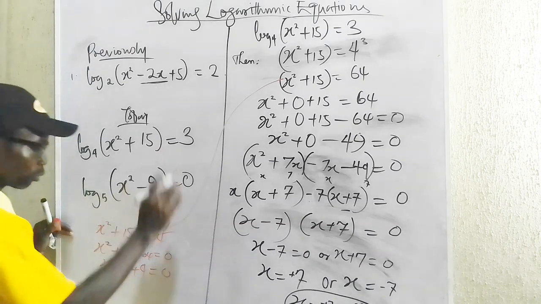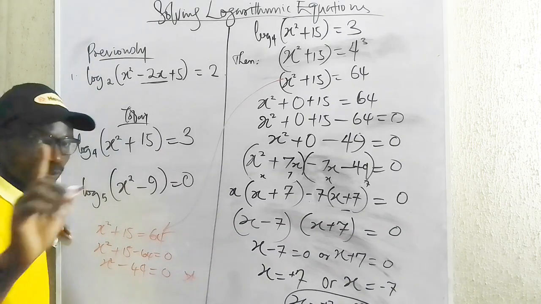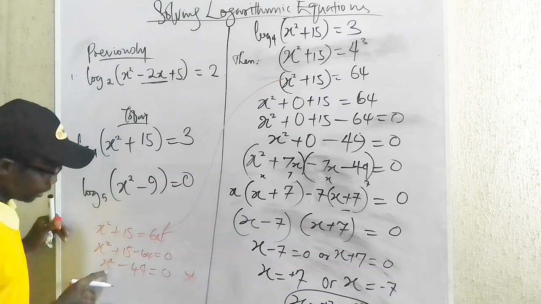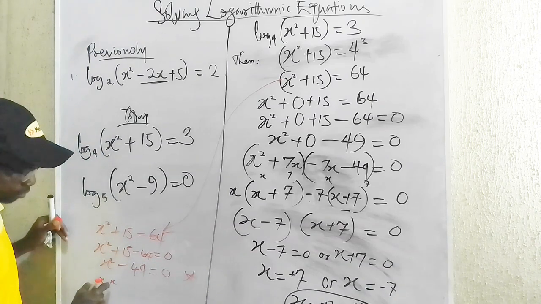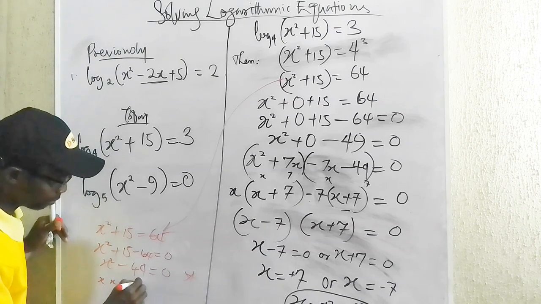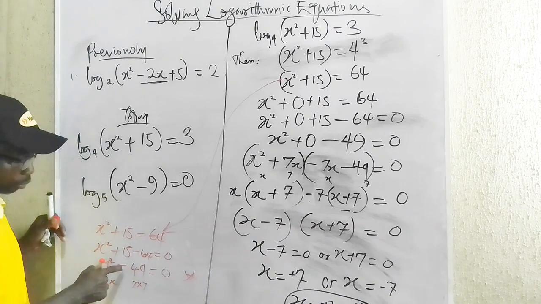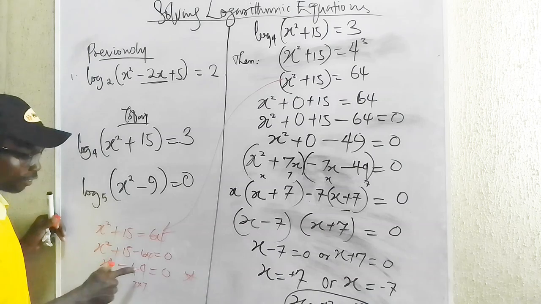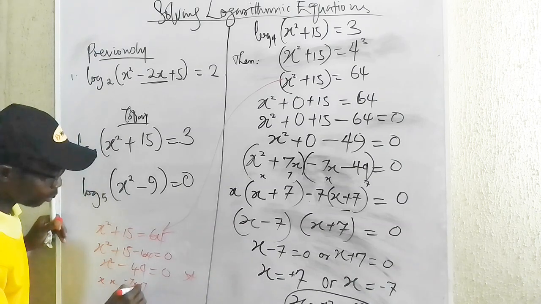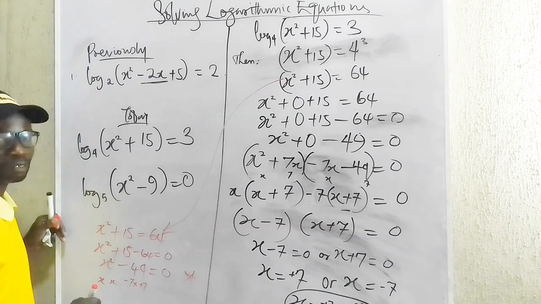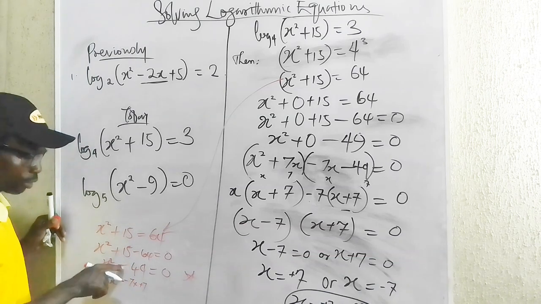Now, this is what I'm looking at. Look here. What is here? We have x and x. And what is 49? 49 is 7 times 7. But remember, it is a minus sign. How do we get it? That means it's actually minus 7 times plus 7 to give us minus 49, because plus times minus will give you minus.